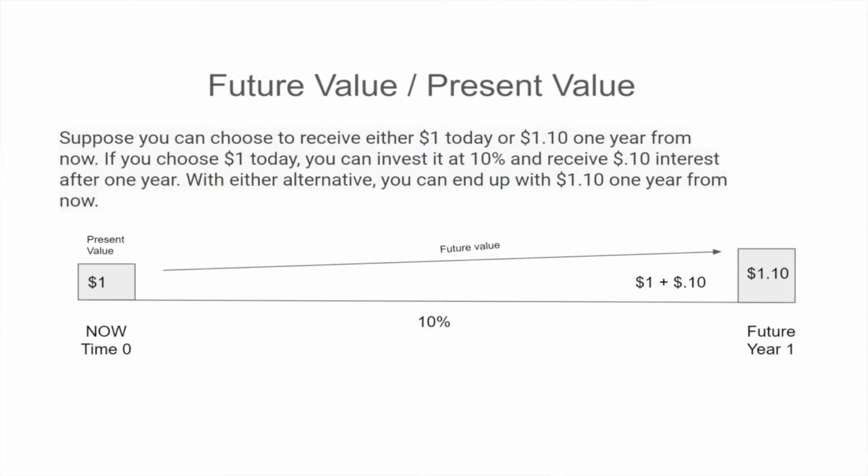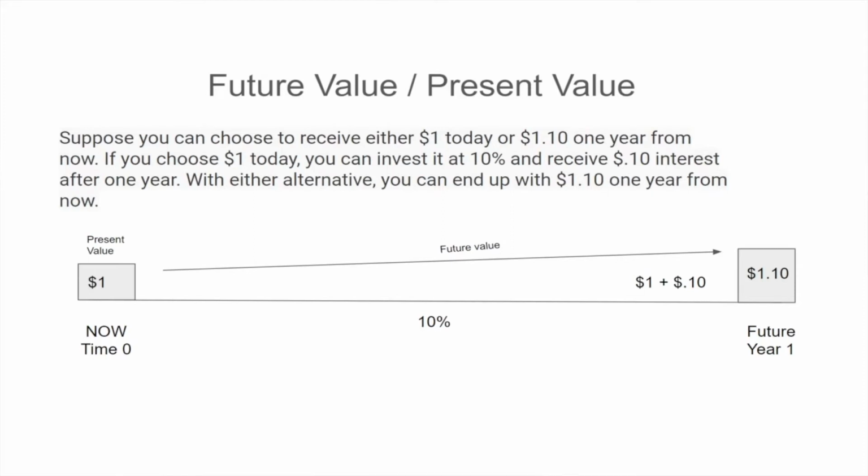That dollar would sit there for a year and earn interest, and that interest would amount to 10% of that $1. So 10% of $1 is 10 cents. Effectively, in 1 year from now, if you looked in the bank account, it would say there's $1.10 in it.